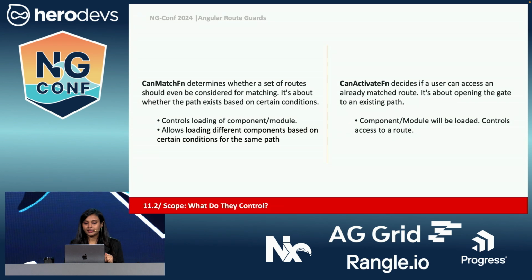It's about opening the gate to an existing path. One of the most important features of canMatch is that it controls loading of the module and component in case of lazy loading. So if it evaluates to false, then your entire module or component will not be loaded at all. Whereas with canActivate, the component or module will be loaded. It just controls the access to that route.